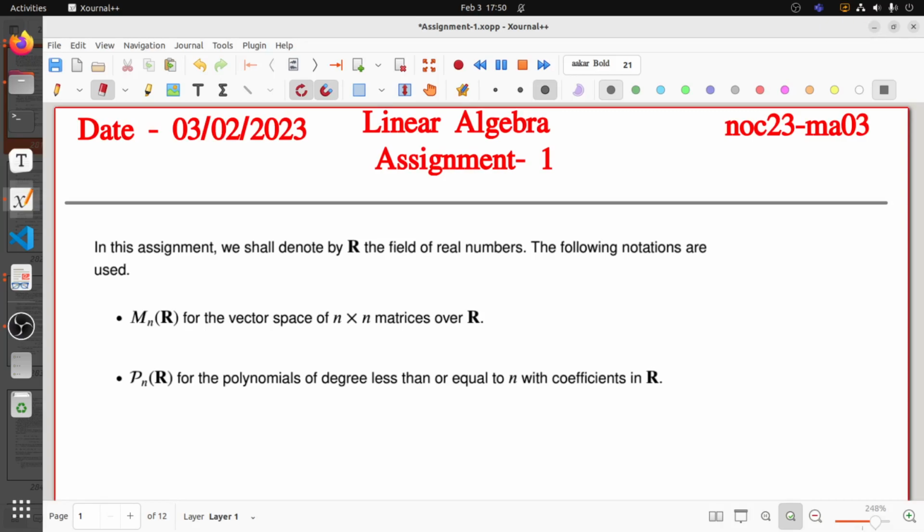Now what will be B? B will be 1 minus 3A, means 1 minus 3, which is minus 2. Now check whether this A and B satisfy the third equation or not.